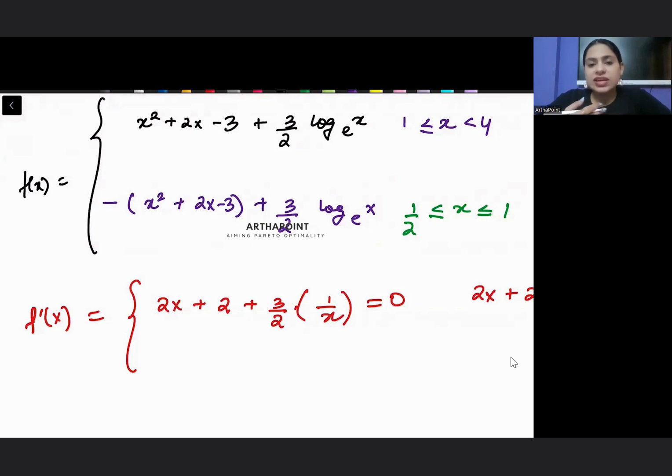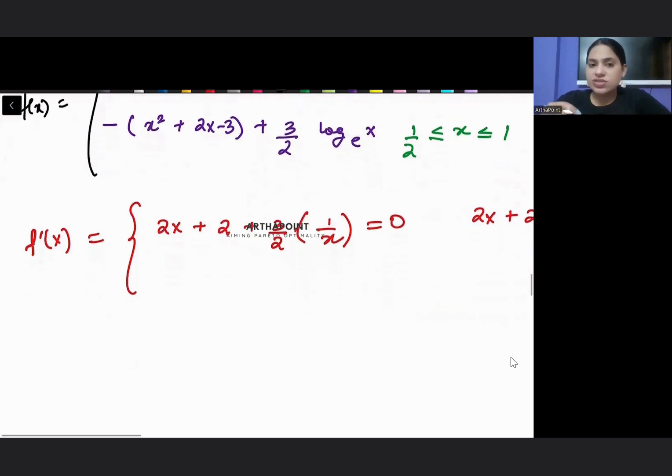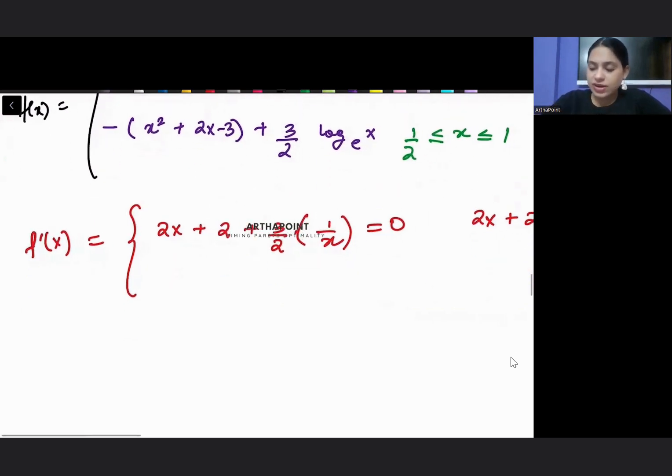Now, secondly, you can look into the second aspect. So you can just find out this part: minus x square minus 2x plus 3 plus 3 by 2 log x to the base e, right?